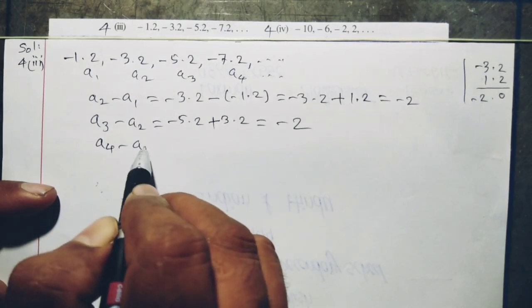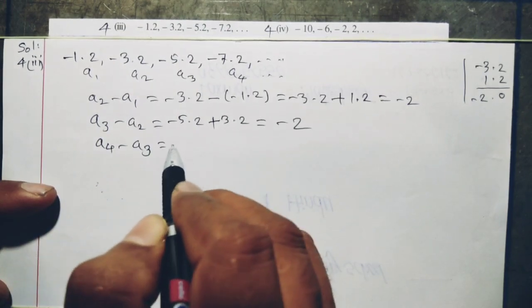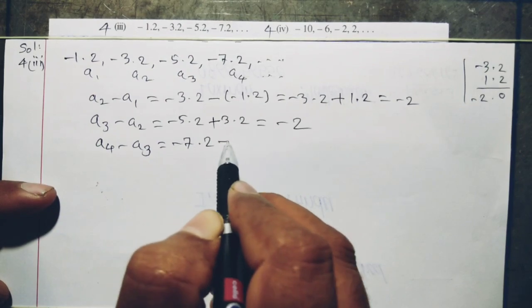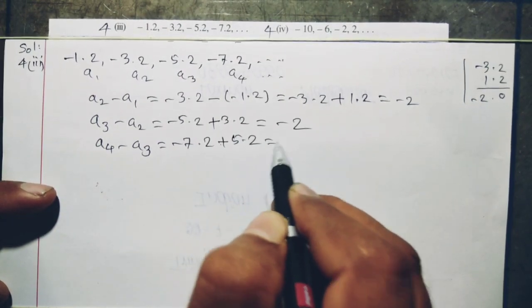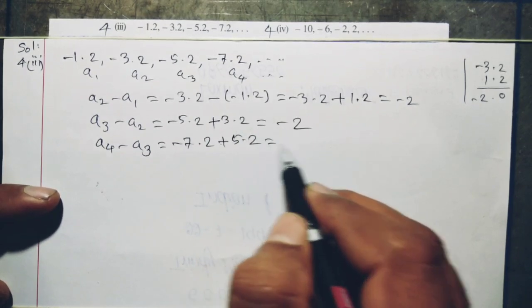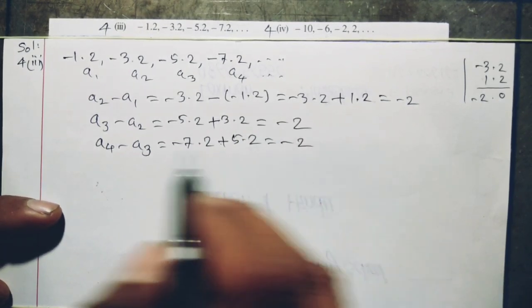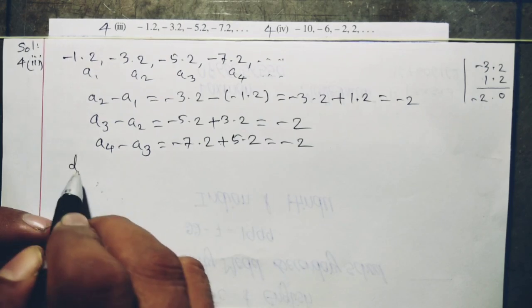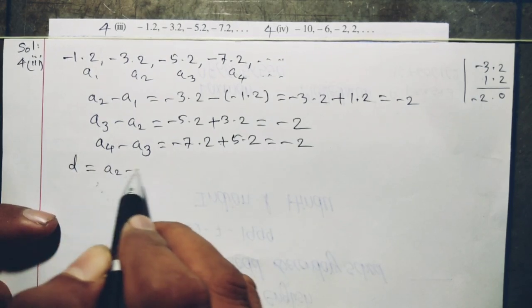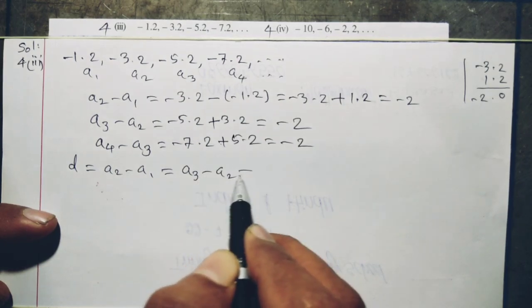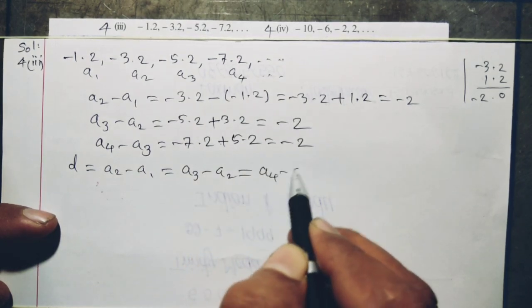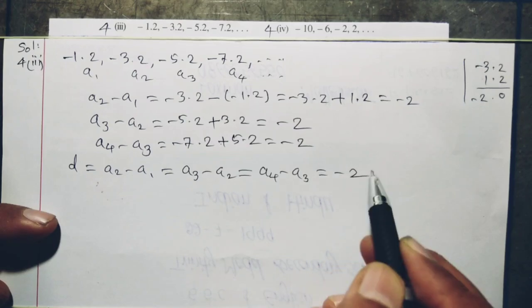A4 minus A3, minus 7.2 minus of minus plus 5.2, minus 2. So here D is equal to A2 minus A1 is equal to A3 minus A2 is equal to A4 minus A3 is equal to minus 2.